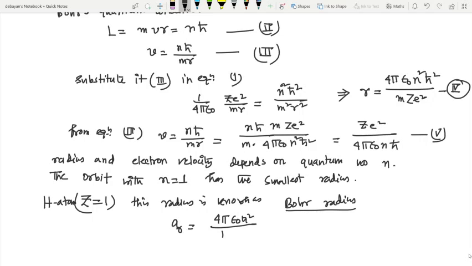If we put in the values, it comes out to 0.529 times 10 to the power minus 10 meter, that means 0.529 Angstrom. So what we can find is that the radius of the orbit is directly proportional to n square.